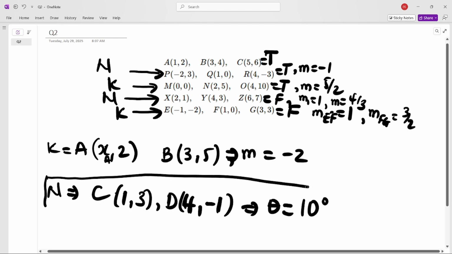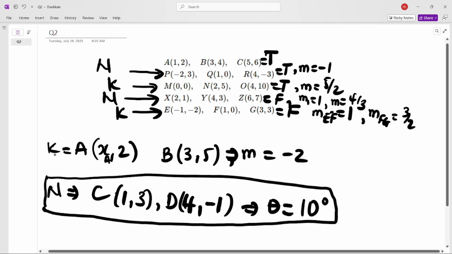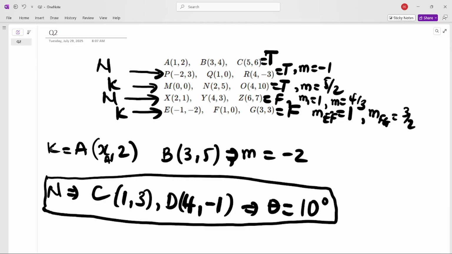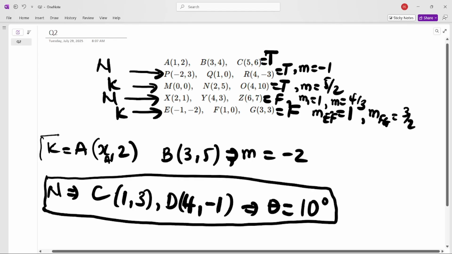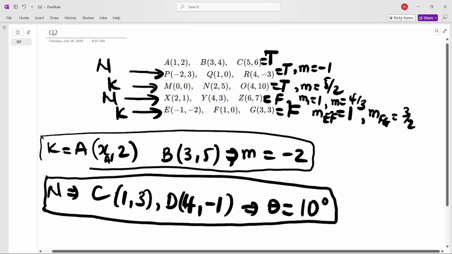Let's do it so that we solve them together. This is for Noble. Noble doesn't have the calculator. Noble, take the first one, and Kennedy, take the second one.